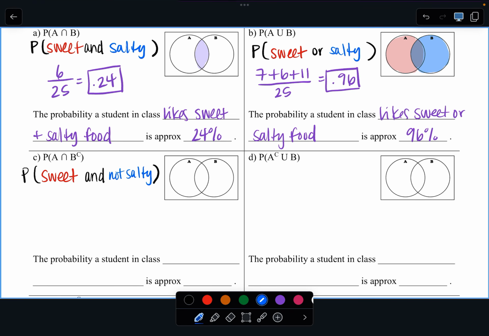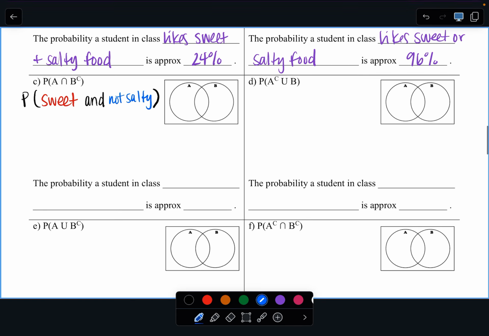So the people who like sweet food but don't like salty food are the people who fall into the category where it's A by itself. So we're basically excluding that overlap of A and B. The only people that fall into that category are the 11 out of 25, which is 0.44.